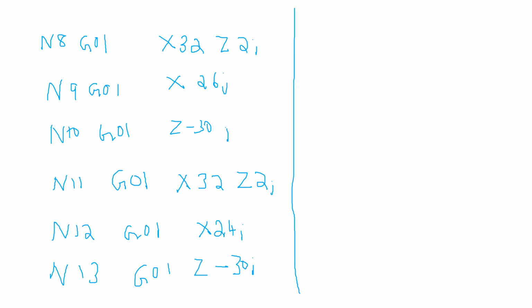Once it reaches 20, if you continue like this, N14 will be the same thing, G01 going back to the origin, X32 Z2, right? So once you reach 20, then when you go along the Z, it will no longer be 30.